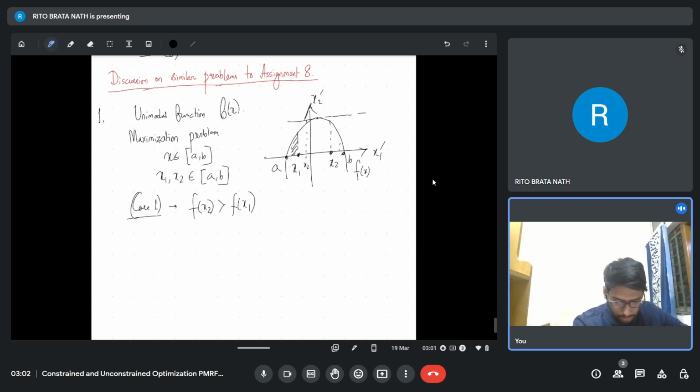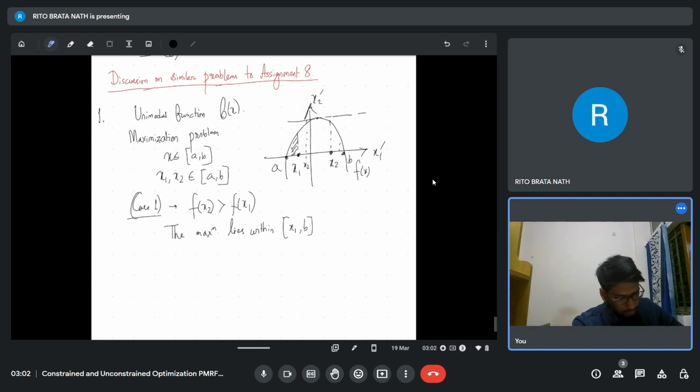So the maximum lies within x1 and b when f(x2) is greater than f(x1).